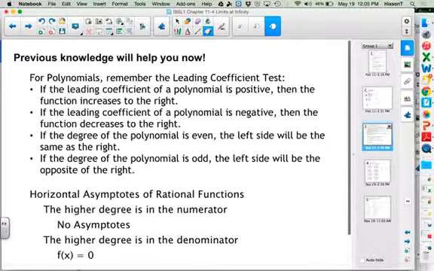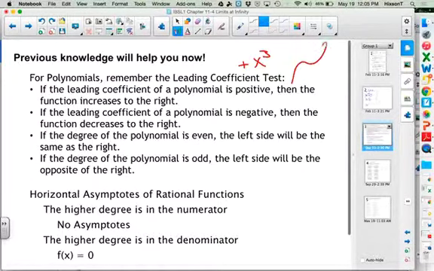It's either going to go up and up or down and down. And if the degree is odd, then the left side is going to do the opposite of the right side. Okay? So, if you have a plus x cubed, it's going to go like this. If you have a minus x cubed, it's going to go like this.